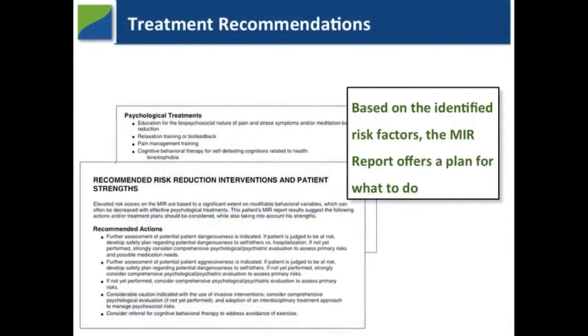What types of treatment might a patient benefit from? It looks at patient risks and patient strengths, recommends actions, recommends psychological treatments. This can be a helpful way of identifying which patients really need psychological treatment, and of those patients, what kind of treatment could they benefit from?